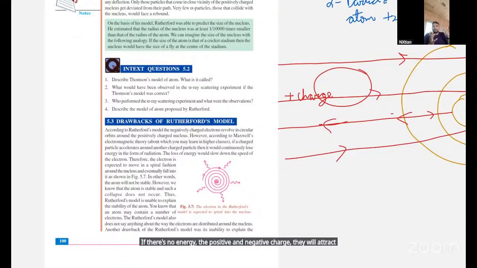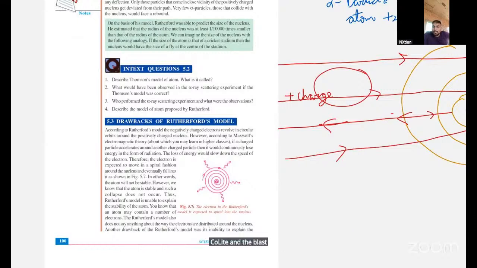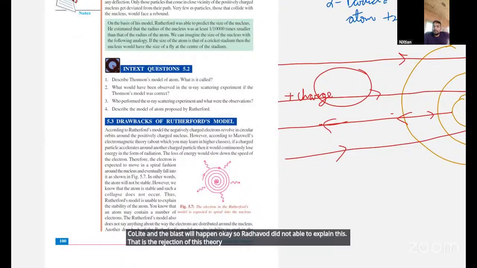The electrons keep moving, and after some time they will fall into the positive charge, and positive and negative charge will collide, and the blast will happen. So Rutherford was not able to explain this. That is the rejection of this theory. Got it, Nidhi? Yes, sir.